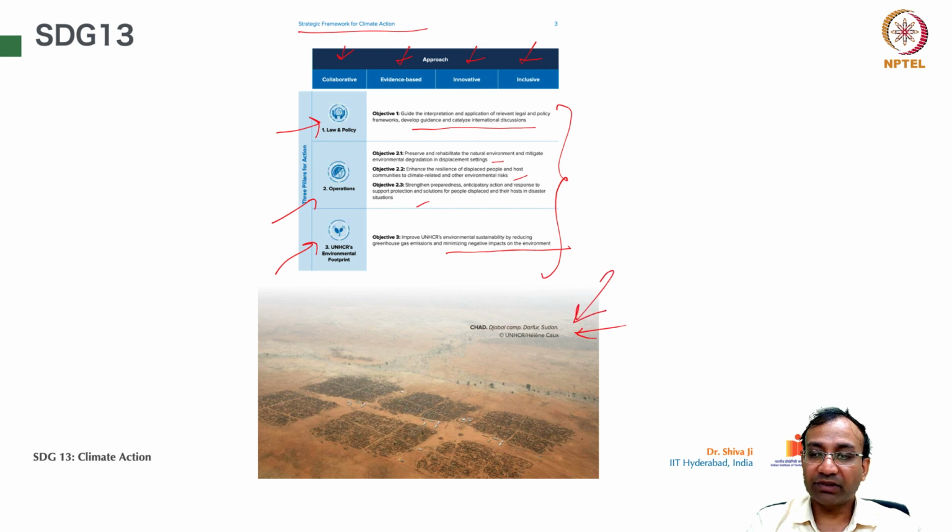And the picture, if you see below, is a refugee camp kind of setup in Darfur, Sudan, and the camp is named Jabal. You see these settlements.